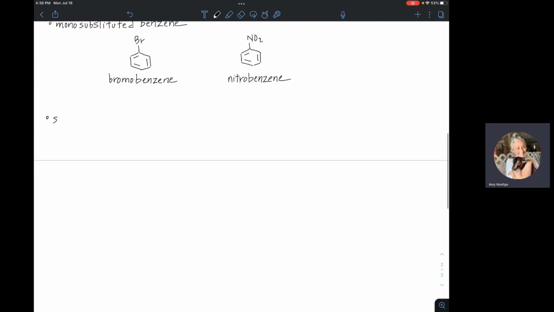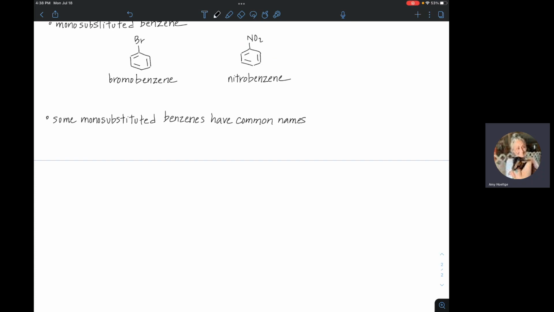So some monosubstituted benzenes have common names. And we can use these common names in IUPAC nomenclature. So we're allowed to do that.